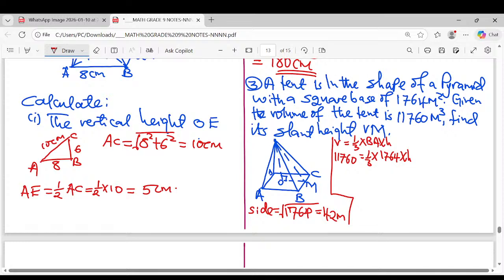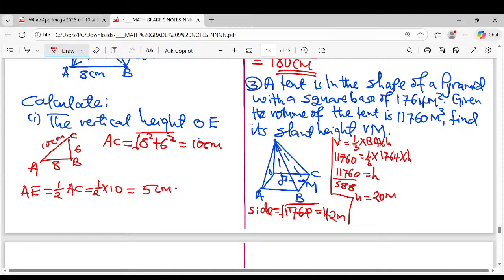So this means when I take 11,760 and divide it by, when you have 1764, first you multiply that by a third, that is 588. So when I divide this by 588, it should give me the height. So in that case, the vertical height of this pyramid is 20 meters.